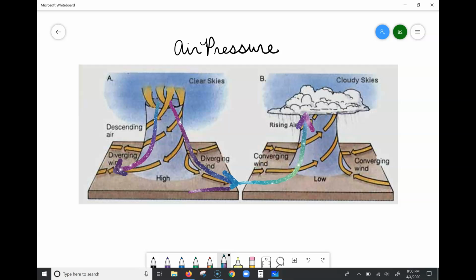This area here on the Earth's surface, where the air is moving across it, creates wind. That is how we get wind on the Earth's surface.